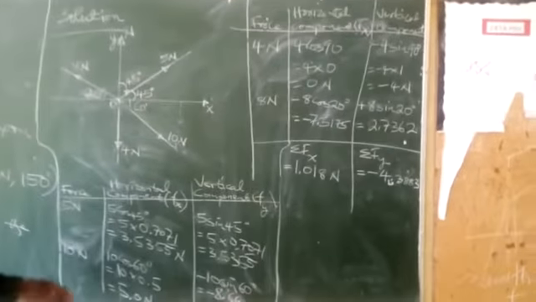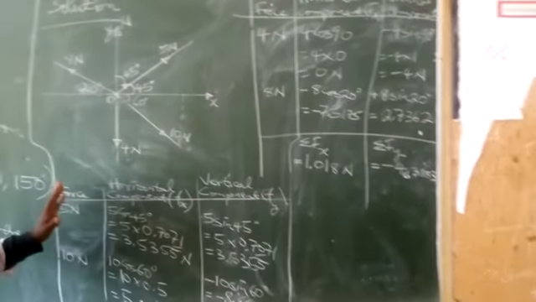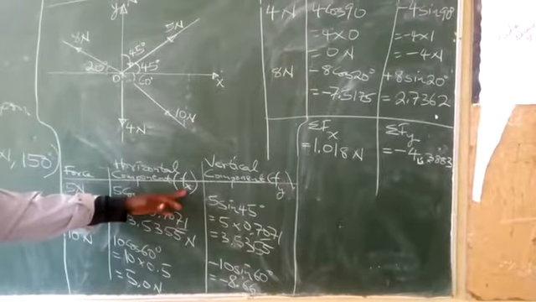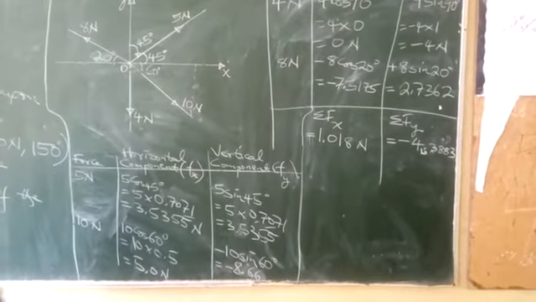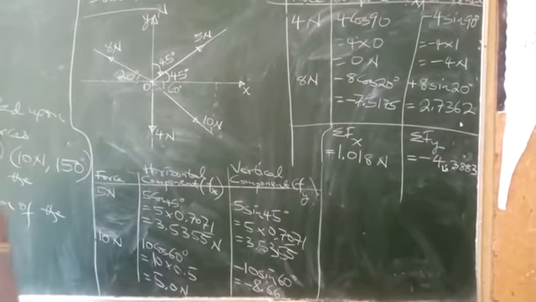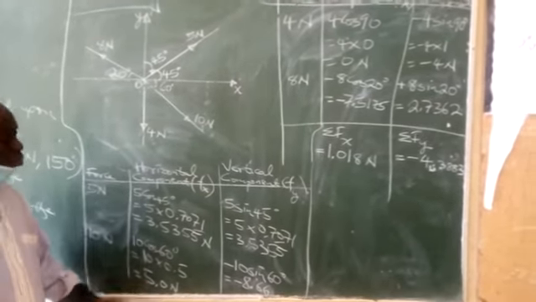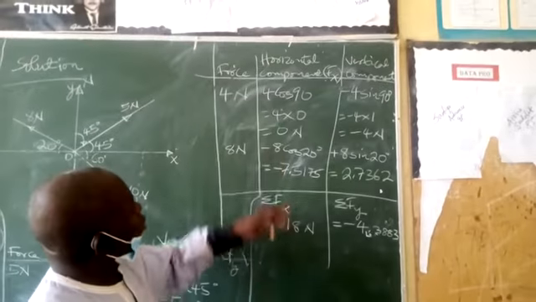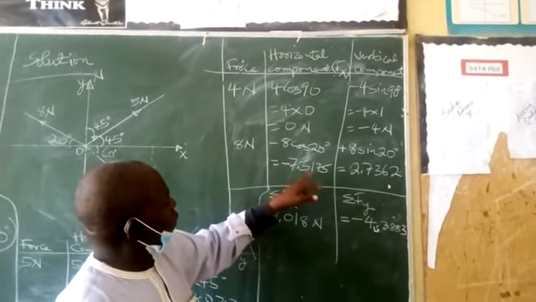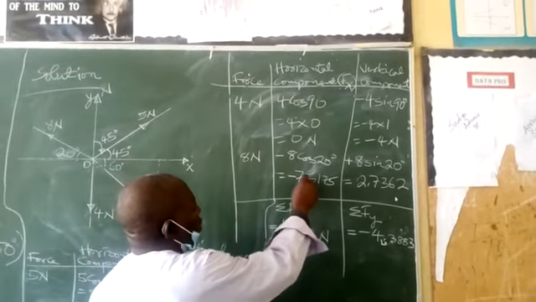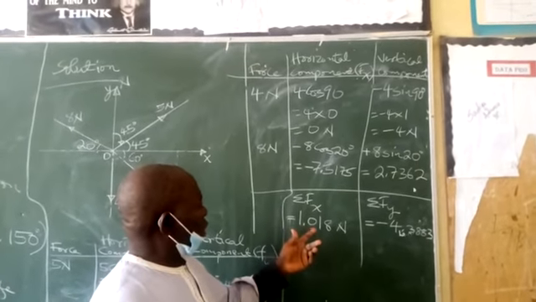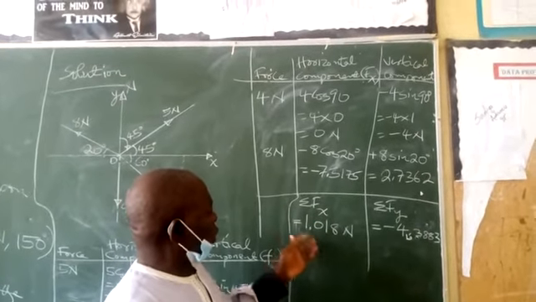Now the summation of the horizontal component, which is summation F of x, will be 3.5355 plus 5 plus 0 minus 7.5175. What we have will be equal to 1.018 Newton. That is summation F of x.